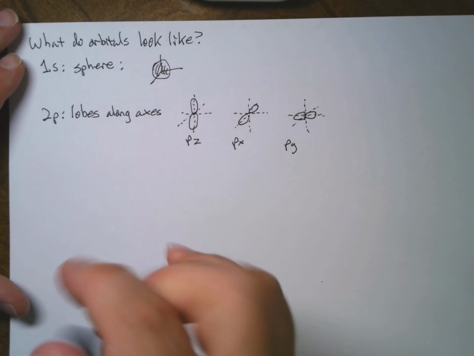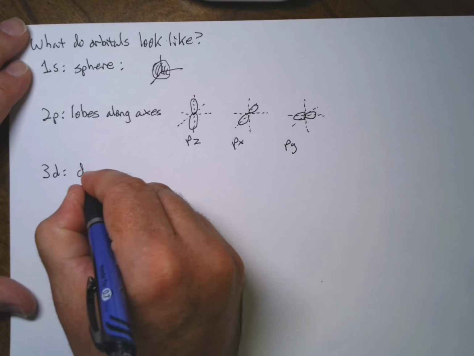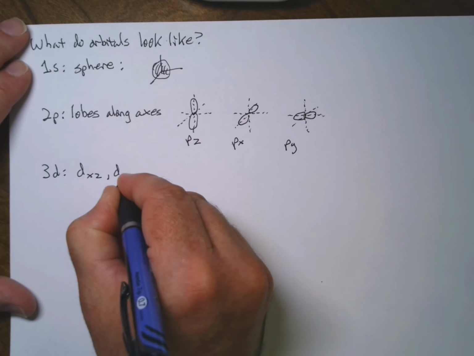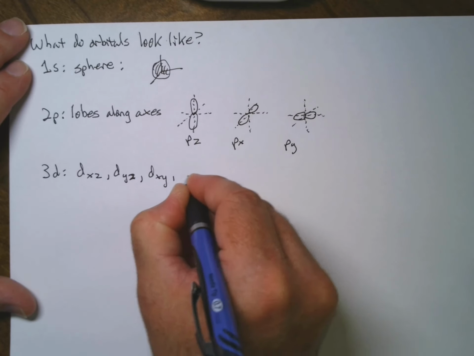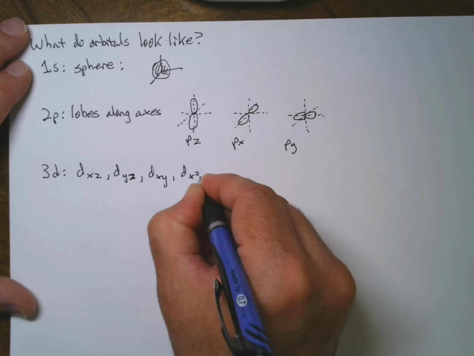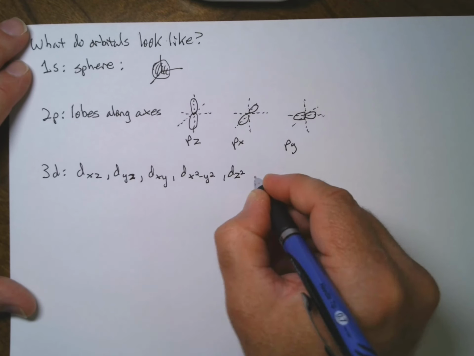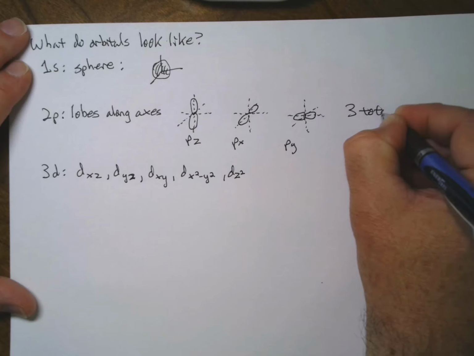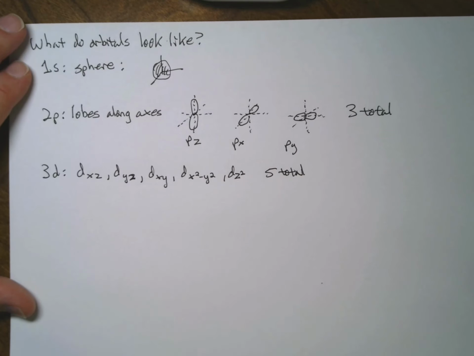Now we have 3d orbitals, where we have dxz, dyz, dxy, dx squared minus y squared, and dz squared. So we have 5 total orbitals there.